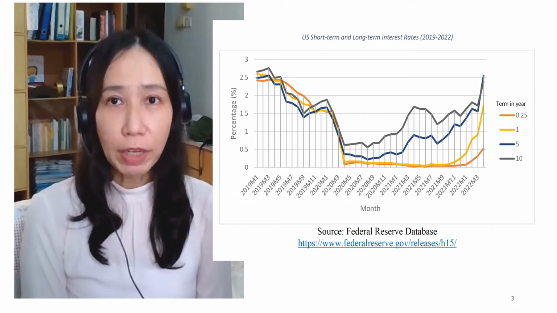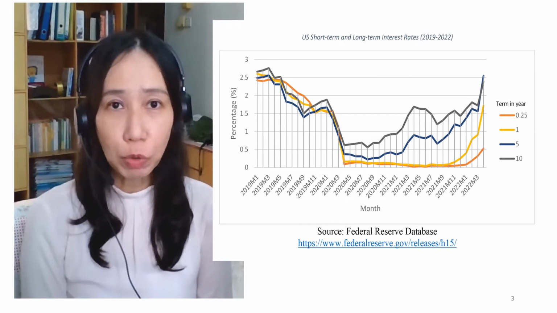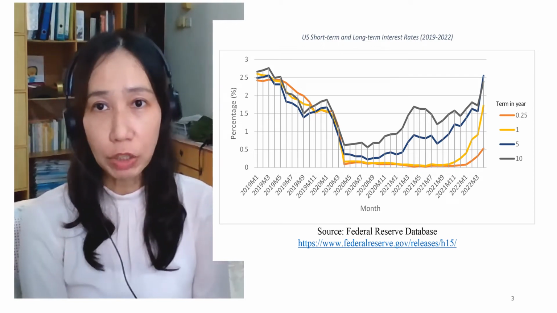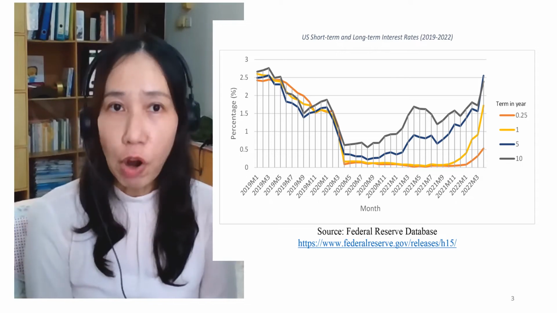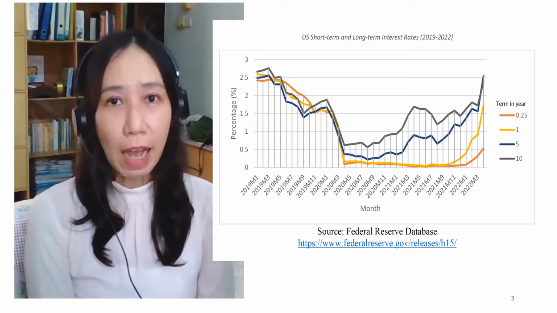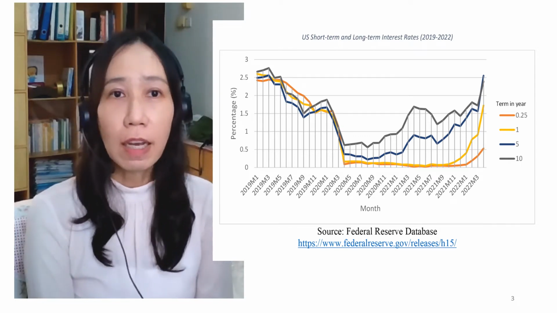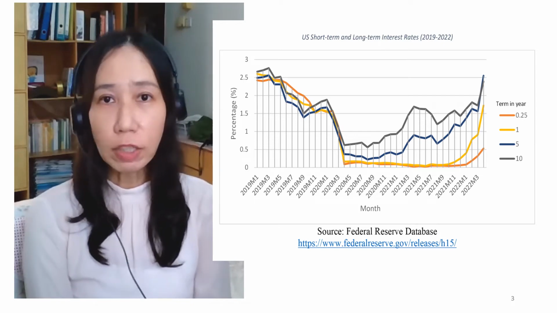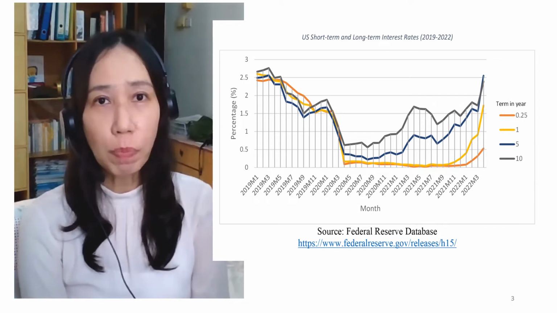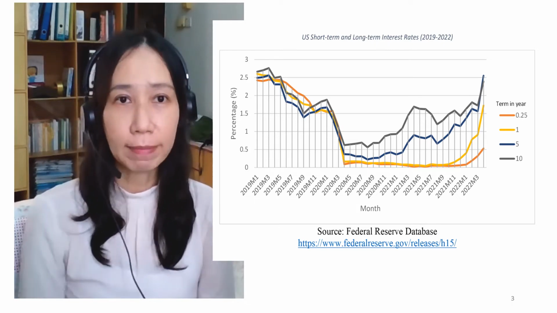Prior to the outbreak of the pandemic, especially in March 2019, the spread between 3-month and 10-year Treasury securities had already shown signs of inversion for the first time after the 2008 global financial crisis. The spread between short-term and long-term interest rates registered negative 0.02% in March 2019.